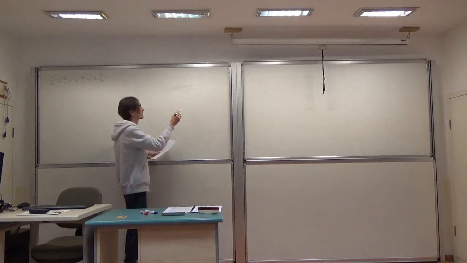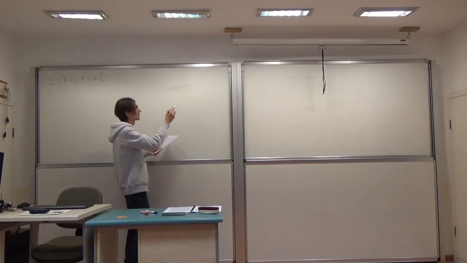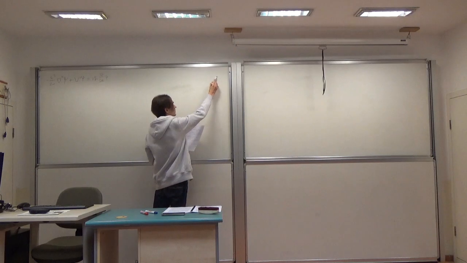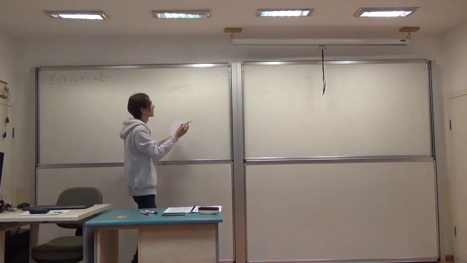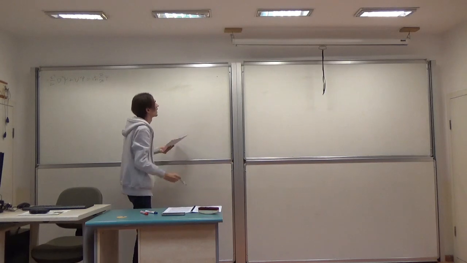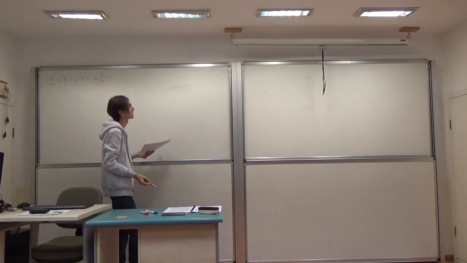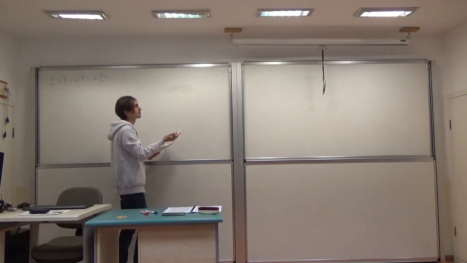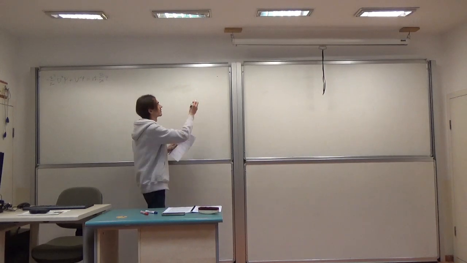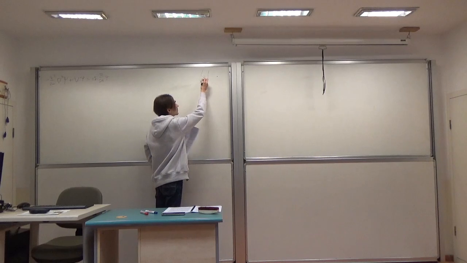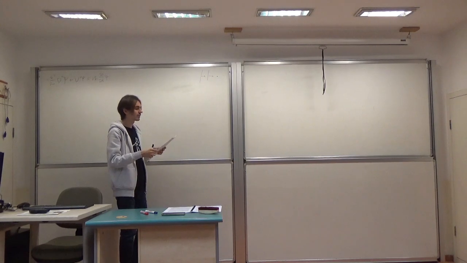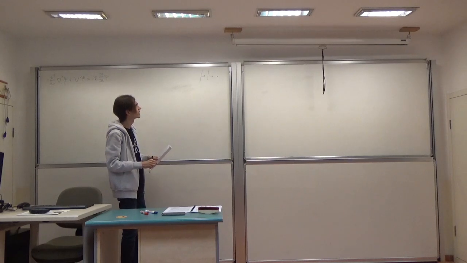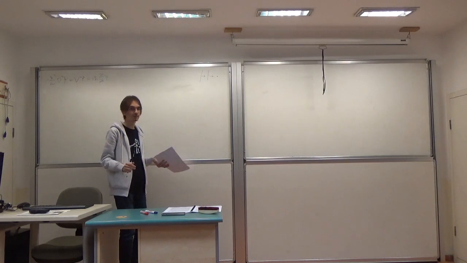Our system will be: consider an atom. It doesn't have a well-defined position, but it is somewhere around here, and we will have plane light waves like this propagating in this direction, polarized in the z direction.